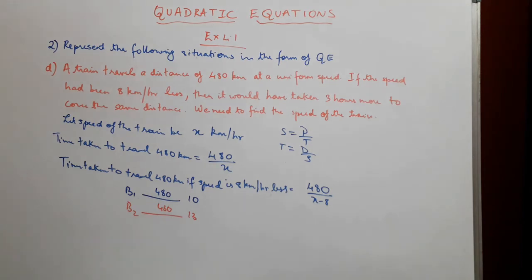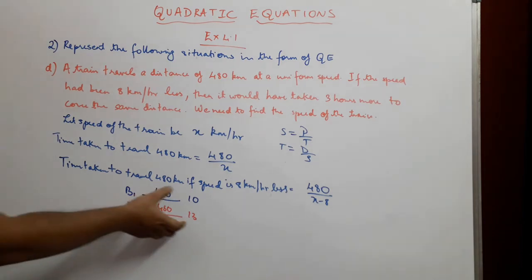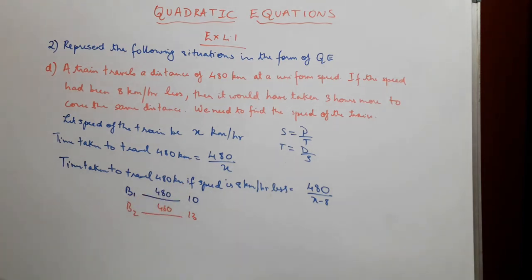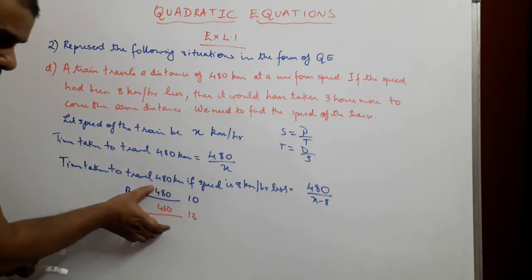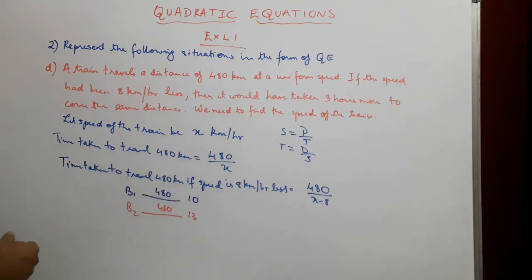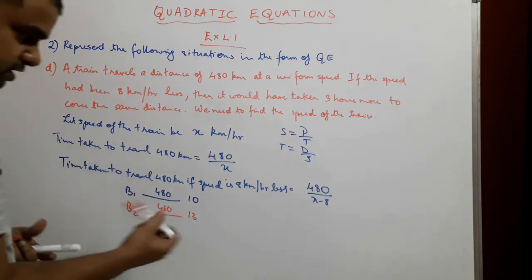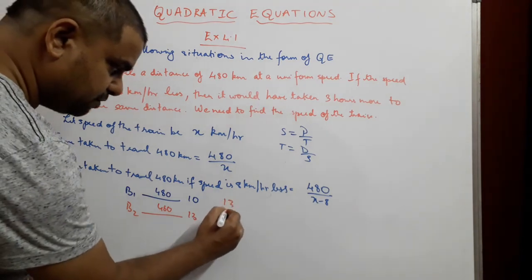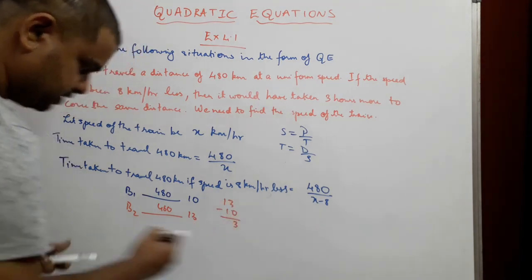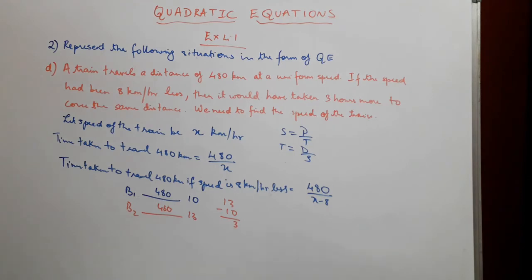Now what is the difference in the two when it comes to the time taken to travel? It is 3 hours. How did we arrive at 3 hours here? We just did 13 minus 10 and we got 3 hours. So what are we doing here?